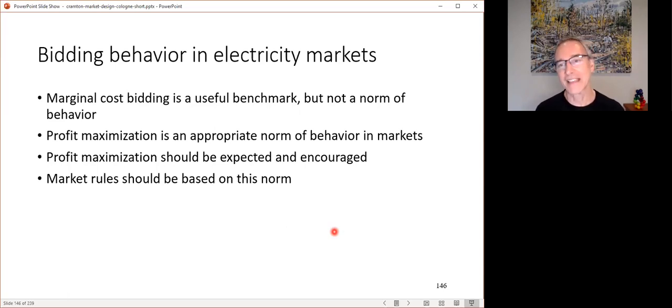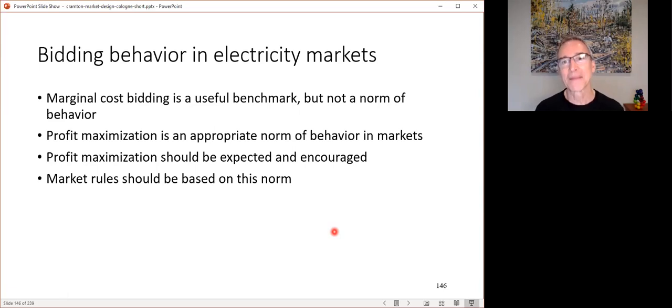But essentially it's a two-step process where the system operator announces the binding transmission constraints that create local market power. And what then happens is the system operator runs the optimization that determines the prices and allocation that maximizes social welfare.